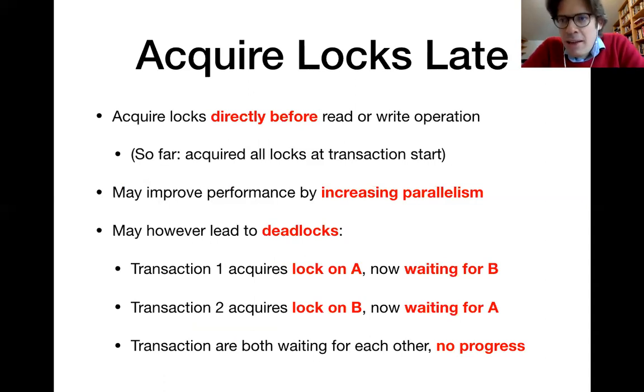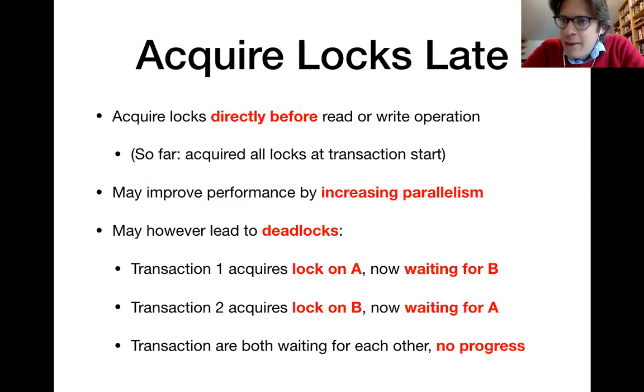But strictly speaking, that's not always necessary. Because maybe a transaction wants to start working with object A, and it can already do this as soon as it has the lock on object A. Afterwards, it will continue working with object B. So it can delay acquiring the lock for object B until it is done with object A.